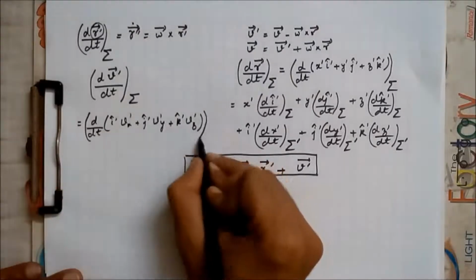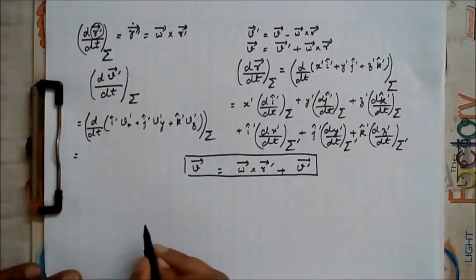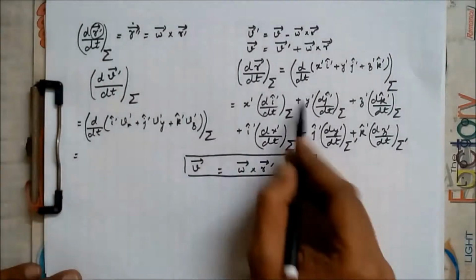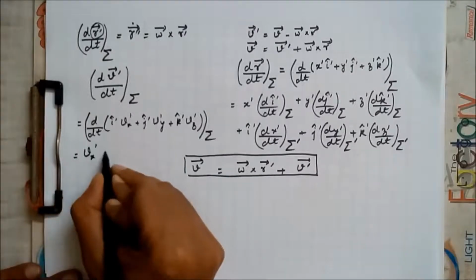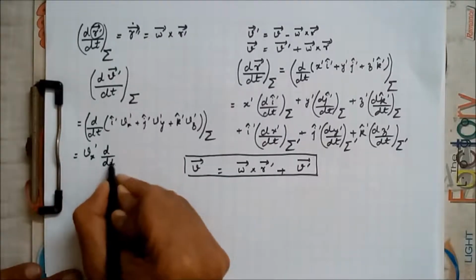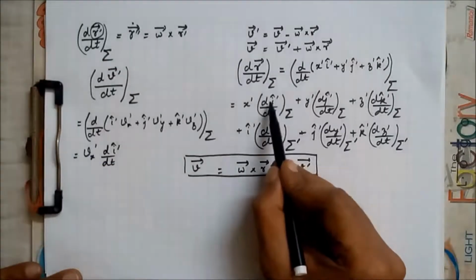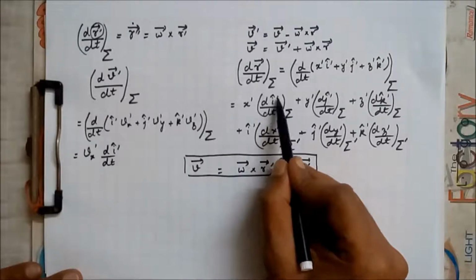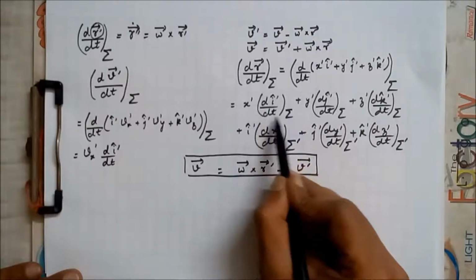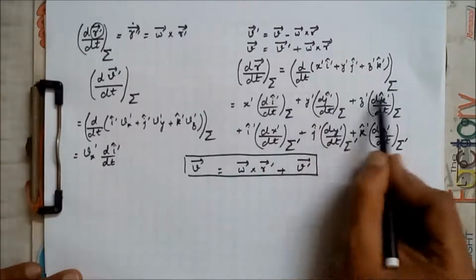The entire derivative will have to be done from the sigma reference frame. Now, in the same way, we can write it out: vx primed d/dt of i cap primed. By the way, if I differentiate i cap primed with respect to time from the primed reference frame, these terms will go to 0.